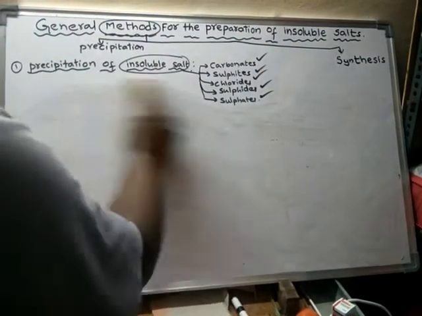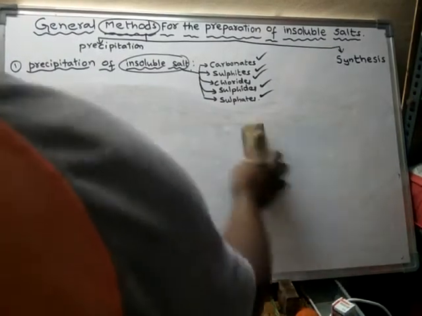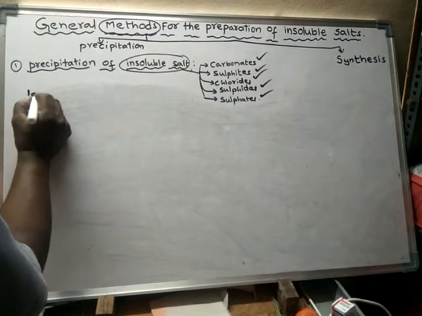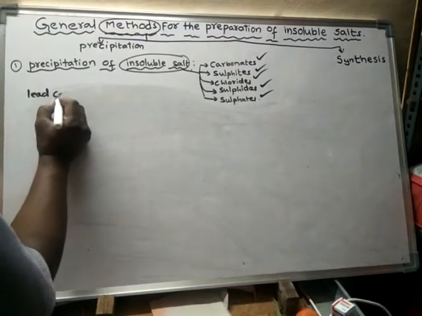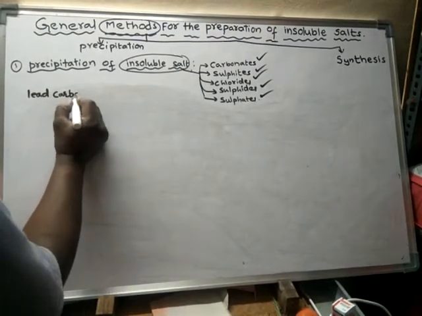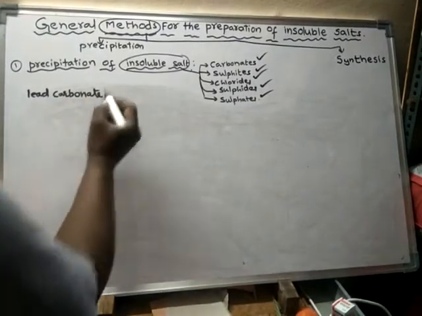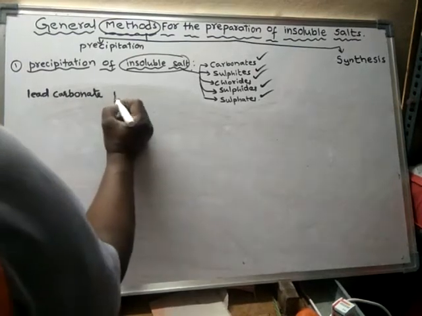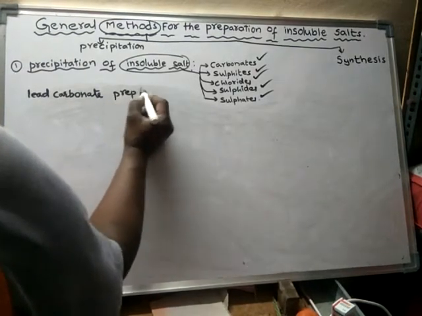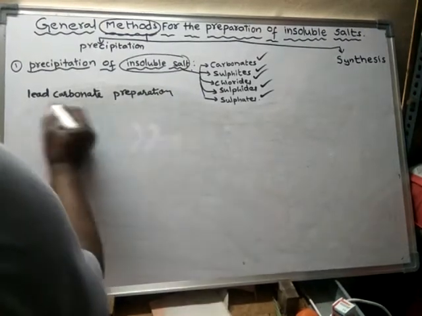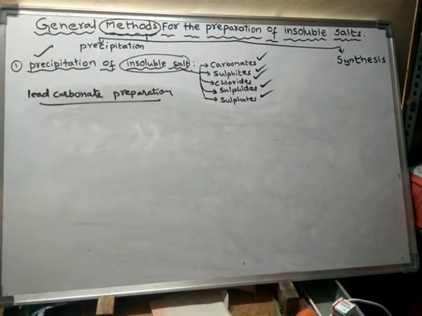Let us see. Lead carbonate preparation. Lead carbonate is an insoluble salt. Hence, we will learn about lead carbonate preparation. How is this prepared by the double displacement method, or else by the precipitation method?